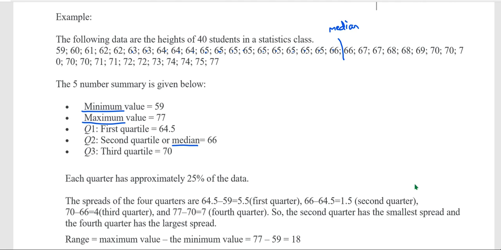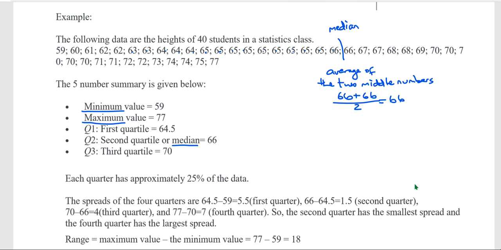In this case, the two numbers it's between are 66. How do we find an average? When we find the average of two numbers, we add them up and divide by 2. So the median is 66. That's median. Median is also called the second quartile.